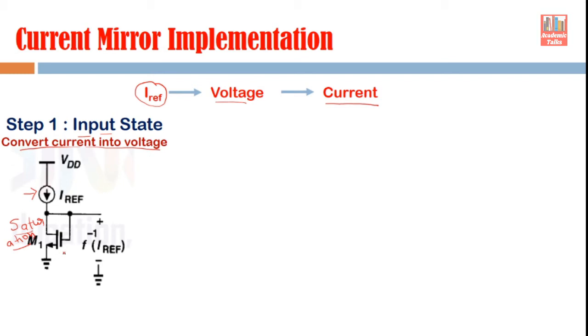In that equation you put the value of drain current and you can find out what gate source voltage is needed. So the gate source voltage for that device can be determined like this. Whatever the reference current is, that forms the drain current of this device, and corresponding to that drain current we get a gate voltage.